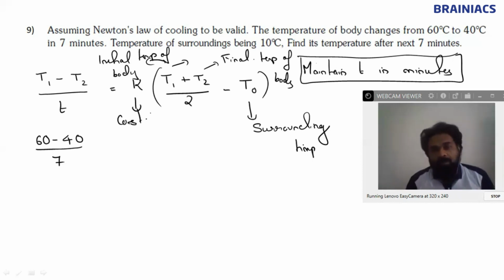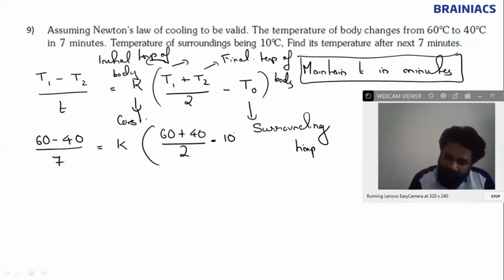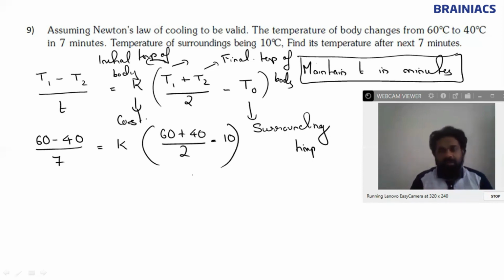So now we do not know the constant, we need to find the constant and we will put it in the next step, that is the next 7 minutes. So 60 minus 40 by 7 is equal to K into 60 plus 40 divided by 2 minus surrounding temperature, which is given as 10. Here we can maintain the temperature in degrees Celsius.